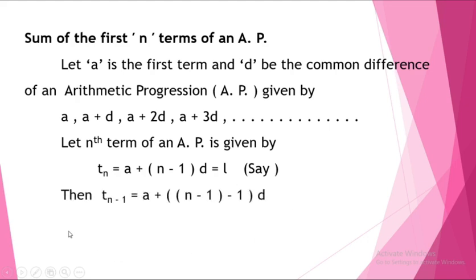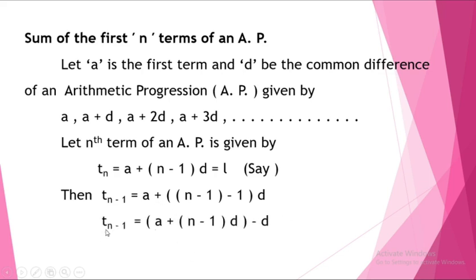Then Tn minus 1 can be written as follows: in this Tn we replace n by n minus 1. We get A plus n minus 1 whole bracket multiplied by D. Now multiply this D in this bracket.